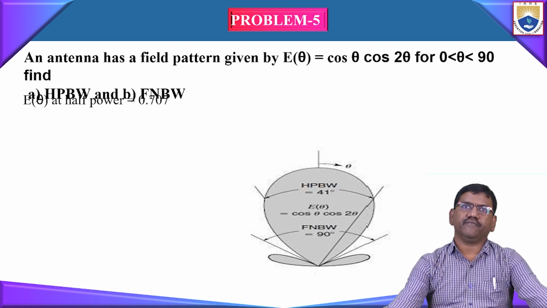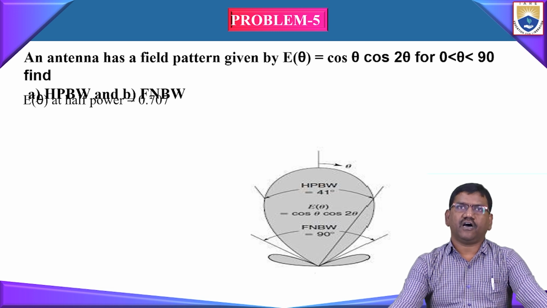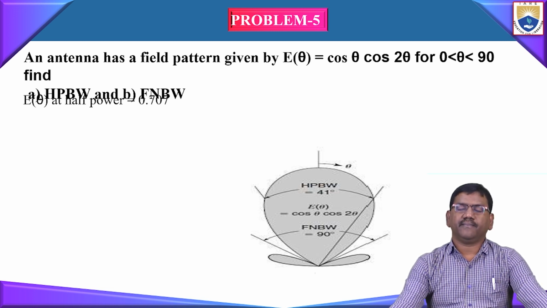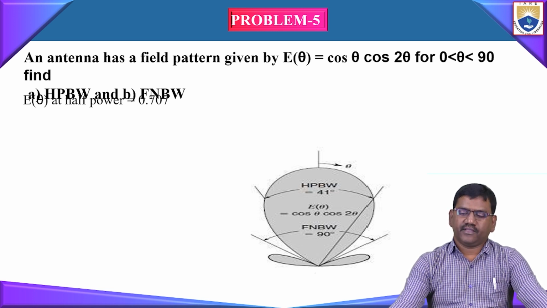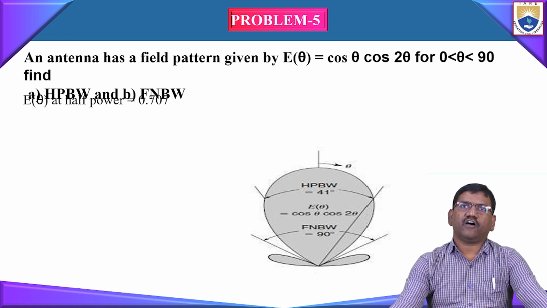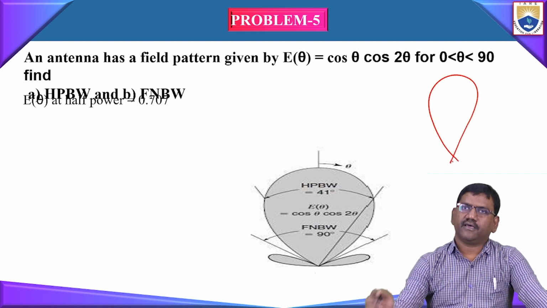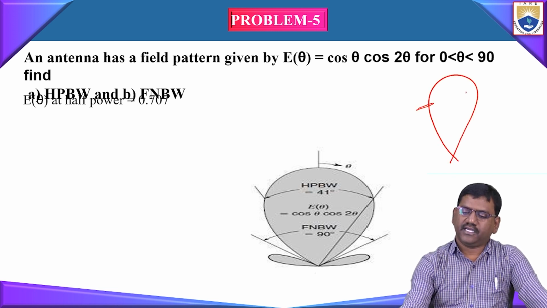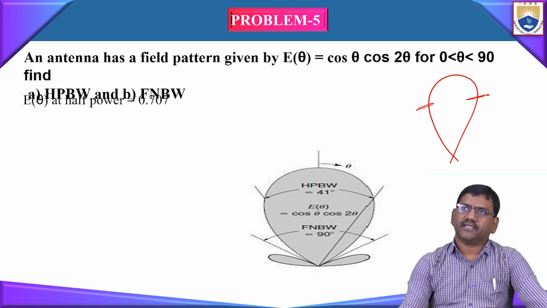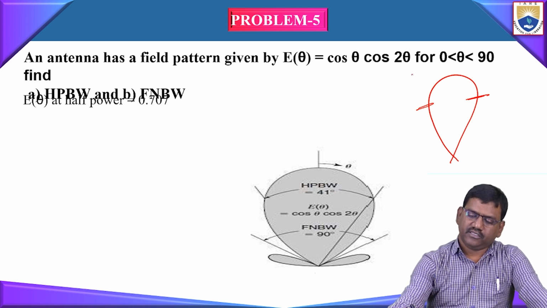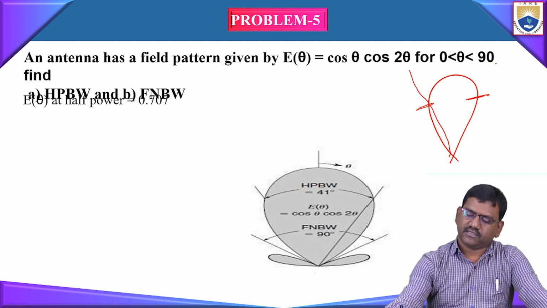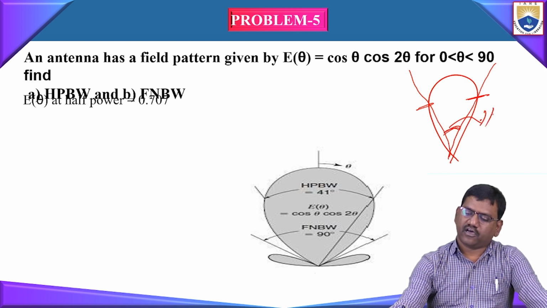Half power beam width means the power taken exactly at half of the maximum power of the major lobe. Let us say this is a major lobe. These are known as half power points. If we join these two lines, the angle so formed, we call it half power beam width.